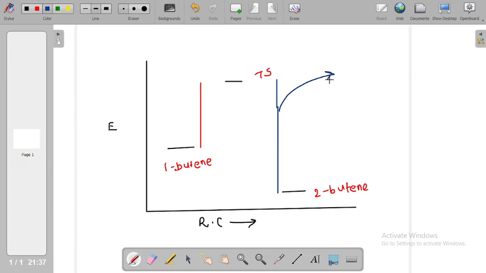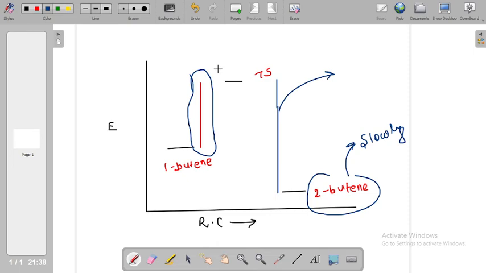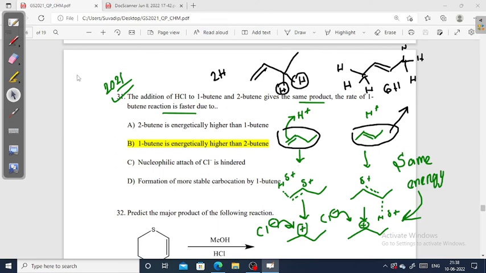In this case 2-butene will react slowly, but 1-butene will react fast. Okay, so which options do we have? Option A: 2-butene is energetically higher than, okay, so the rate of 1-butene reaction is faster.